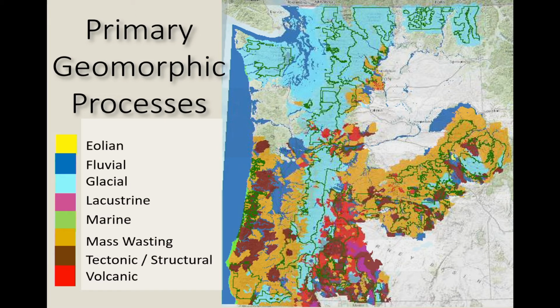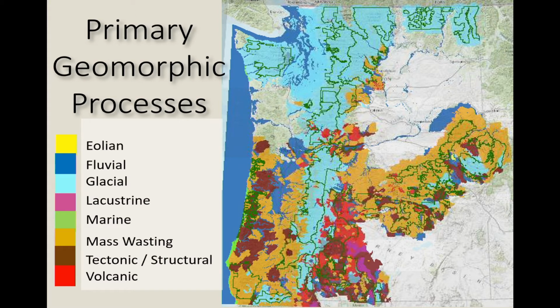Fluvial processes have created some of the larger valleys, and then lacustrine processes have dominated in the basin range area, and also volcanic processes dominate in some of the high Cascade systems and then much of southeast Oregon.